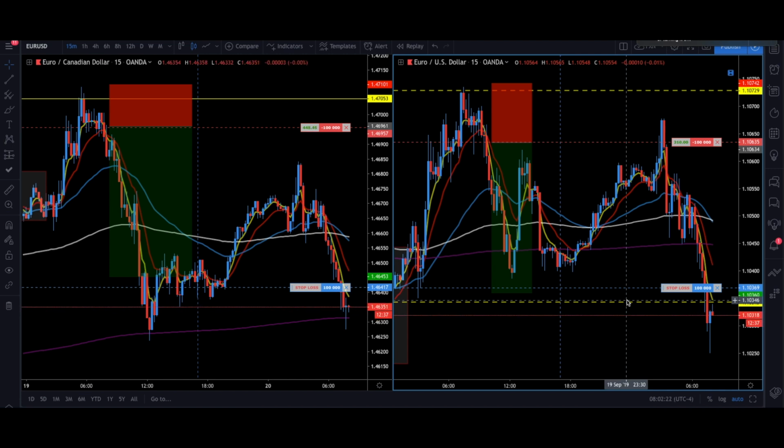So for example, if the price on this is 1.46200, then my stop is basically 1.46300, and so forth and so on. So if it moves down to, let's say, 1.46100, then I'll have my stop loss at 1.46200.